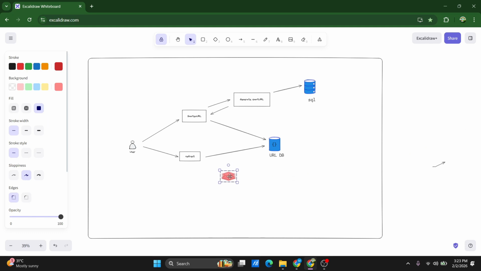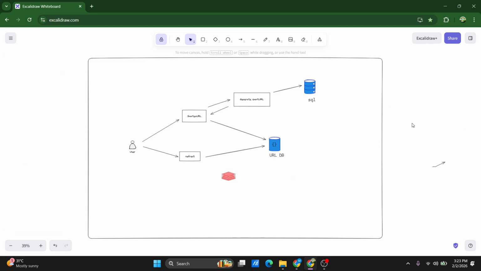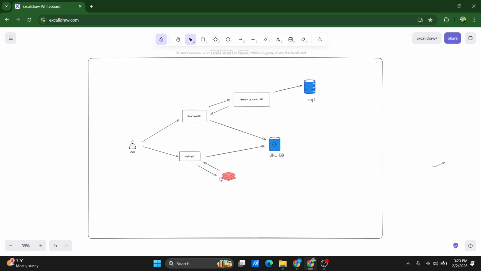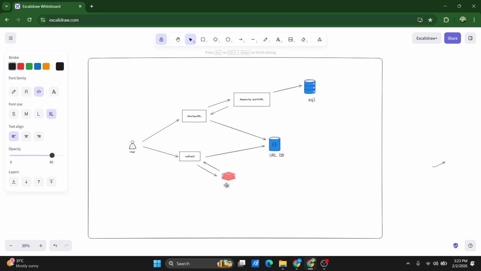So frequently accessed URLs are getting stored in this Redis cache. First, the redirect URL service checks whether the particular URL is present in the Redis cache or not. If it's present, it returns from the cache. If it's not present, then it checks in the database, which satisfies the low latency non-functional requirement.